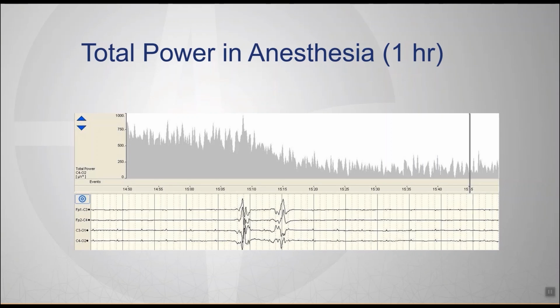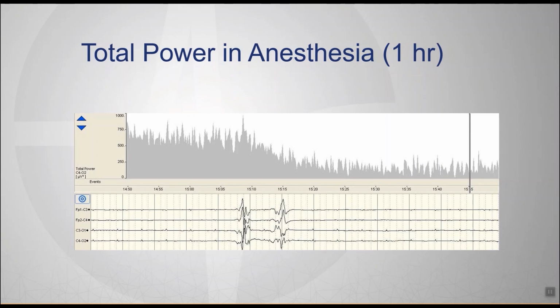So this is the anesthesia induction, where you're going from a very active EEG to what we see out there at 1545, where our cursor is, which is a burst suppression. So we're looking at surgical anesthesia here. In this case, total power is very nice to have, very useful.